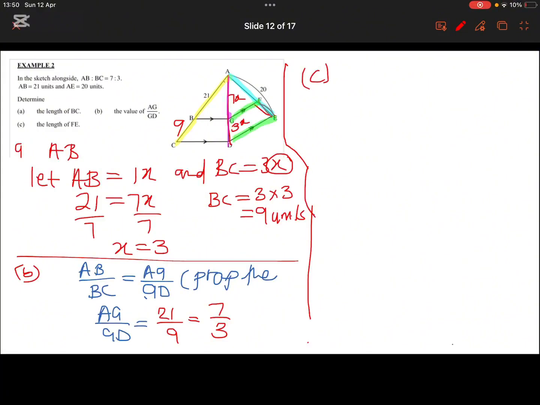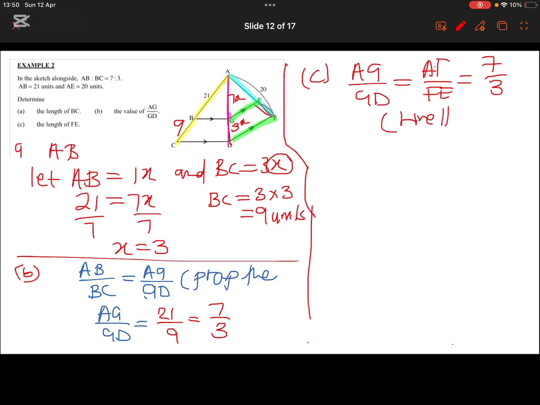Okay, so now with C, we know that AG divided by GD will be equal to AF divided by FE, which is going to give us 7 over 3.